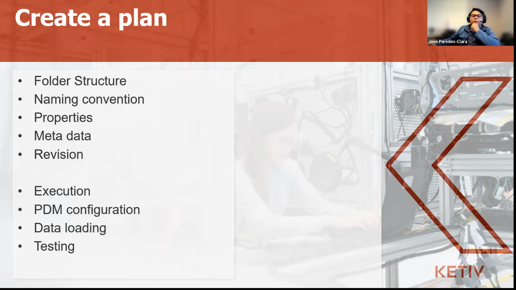Depending on how old that data is, in that execution plan there may be some other tools involved. Like, if that information exists in your CAD files, how do we extract it? If you have those tools, can you do it yourself? Or do you ask someone like us, like KETIV, can you get me this information? We know it exists and we want to include it in our data.